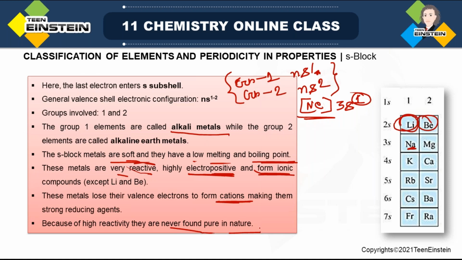They will always make some compound and remain in compound form, not in elemental form. And as they are very reactive, the sodium and potassium metals in the laboratory are always kept in oil, because if you keep them open, they will catch fire.